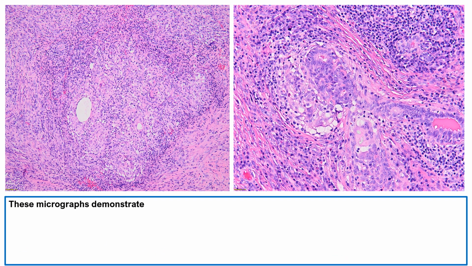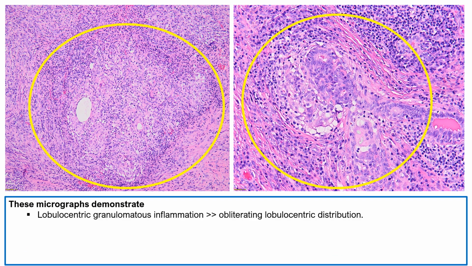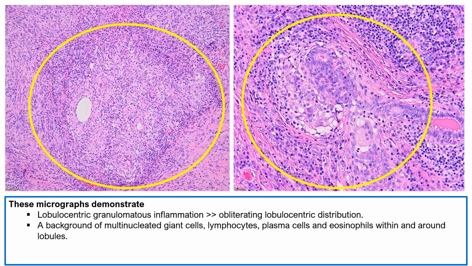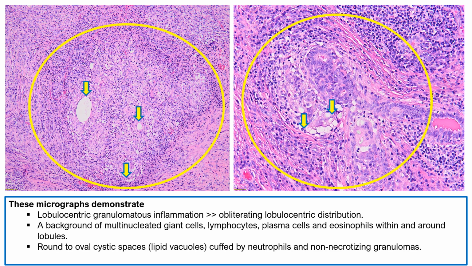These micrographs demonstrate lobulocentric granulomatous inflammation, obliterating lobulocentric distribution, a background of multinucleated giant cells, lymphocytes, plasma cells, and eosinophils within and around lobules.